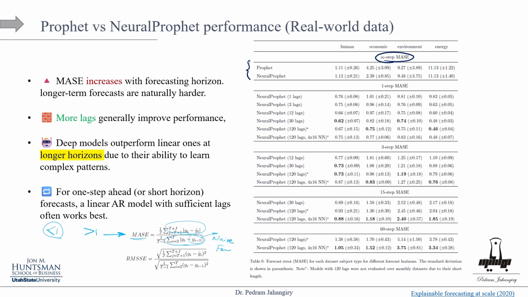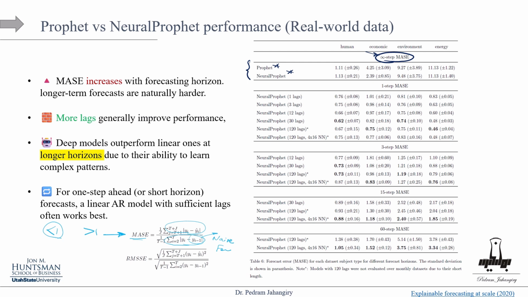That's why we're using this infinite symbol to show you that this is the performance of the model in the entire test set. And we know that both Prophet and NeuralProphet are able to make those forecasts at one step, right? At once, at one time.